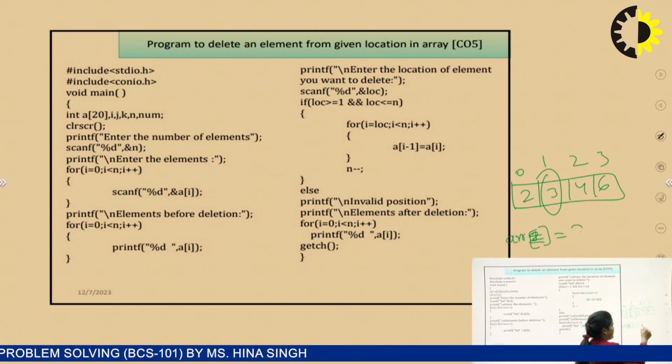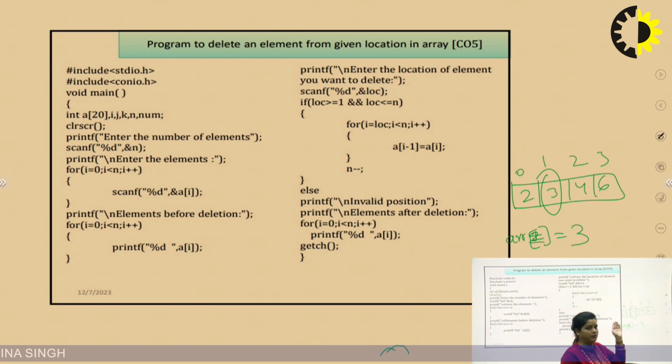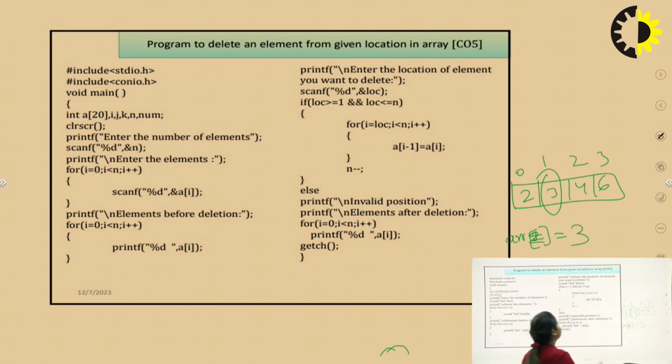I want to delete this number. Means the first position you want to delete, then the space will be created, the number will be deleted, and then you will shift all the elements by one position, means minus 1. See, minus 1. That particular element will be deleted.